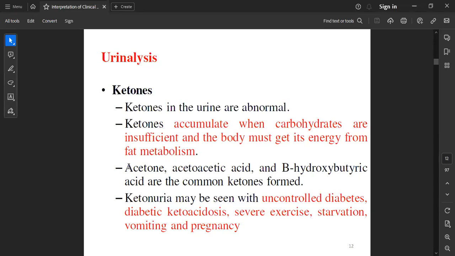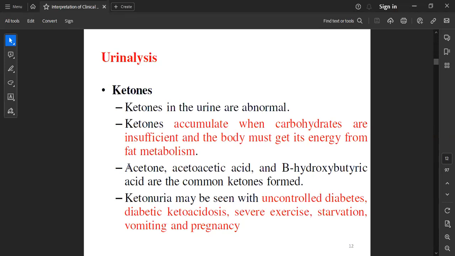So you find that they will have high levels of ketones, but some ketones can also be observed in urine under what you can call normal situations, where if someone has done severe exercise, so they've burnt a lot of fat, so they can also show ketones in their urine.